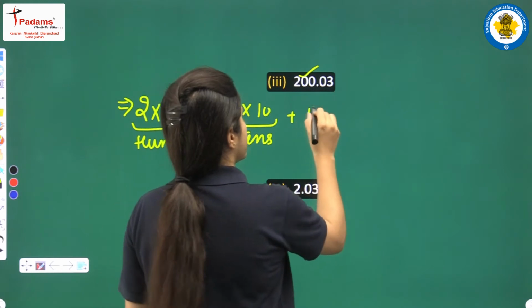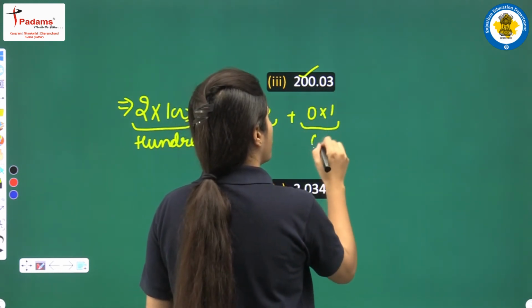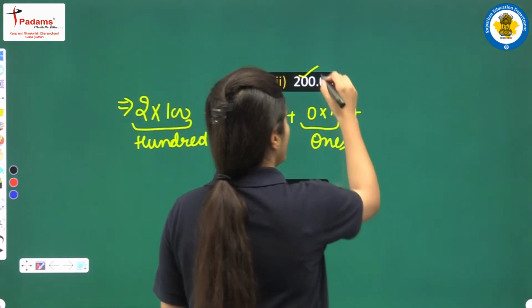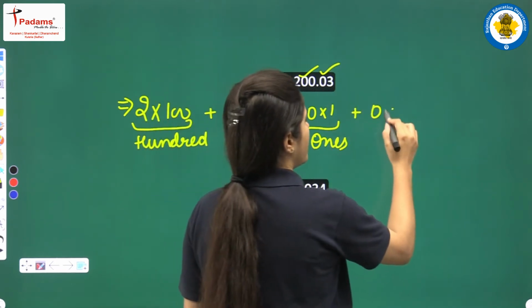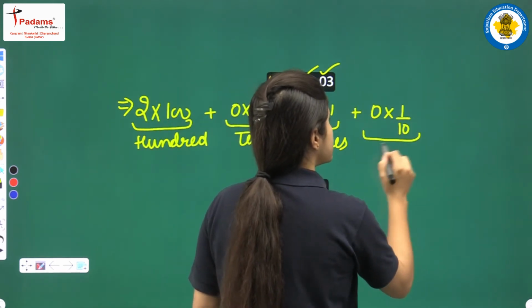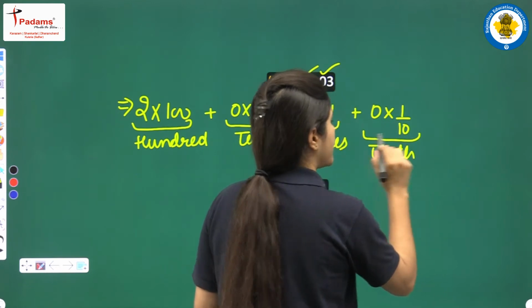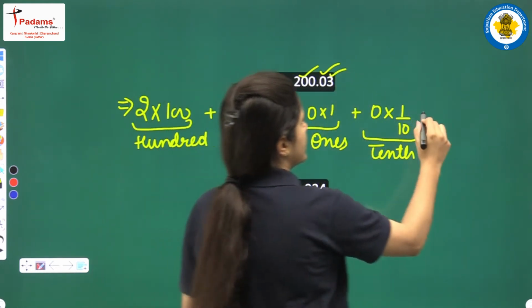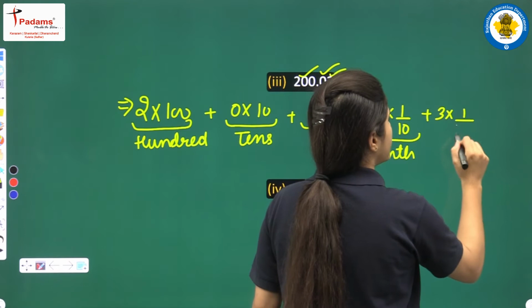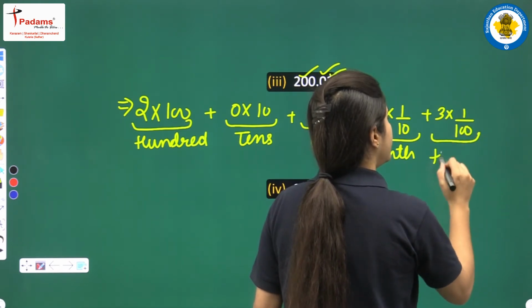Then 0 into 1 represents the ones place. Now this 0 is 0 into 1 upon 10, representing the tenth place. And this 3 is 3 into 1 upon 100, representing the hundredth place.